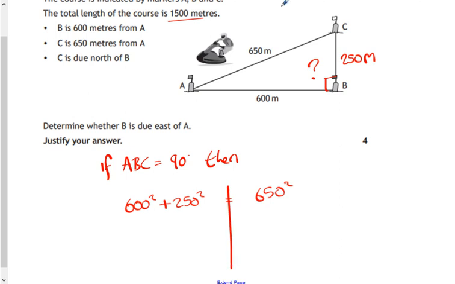So I'm going to draw a line down here, and we're going to work that out. So 600 squared plus 250 squared is 422,500, and 650 squared is 422,500.